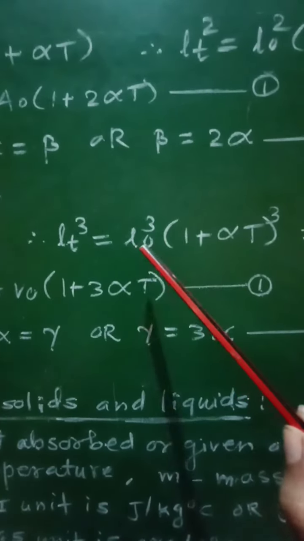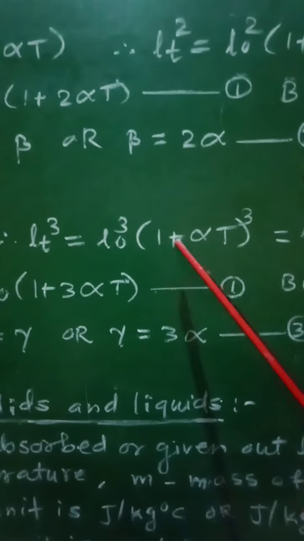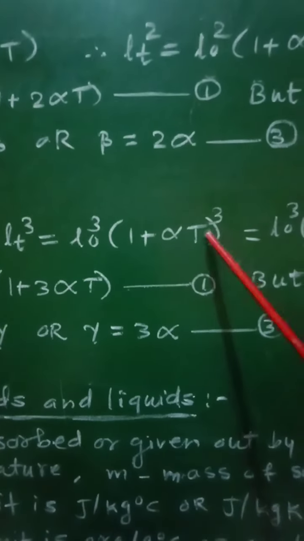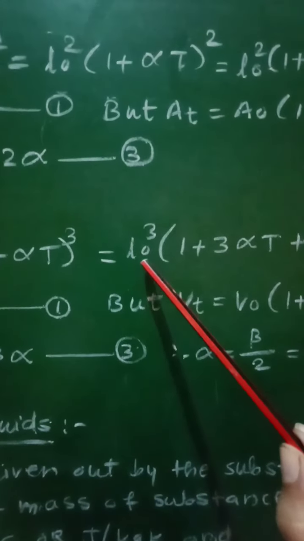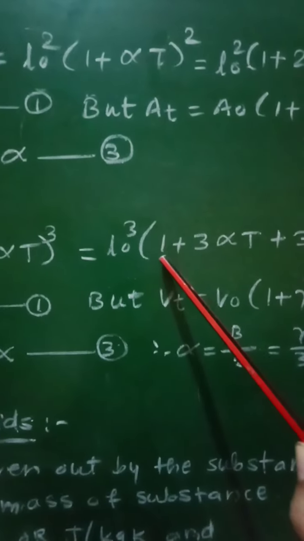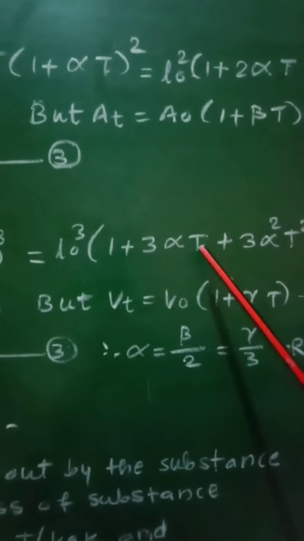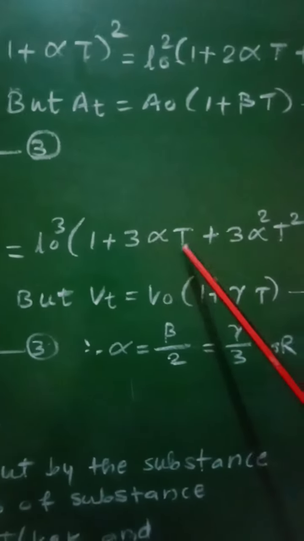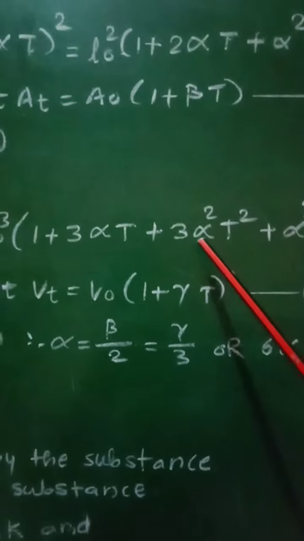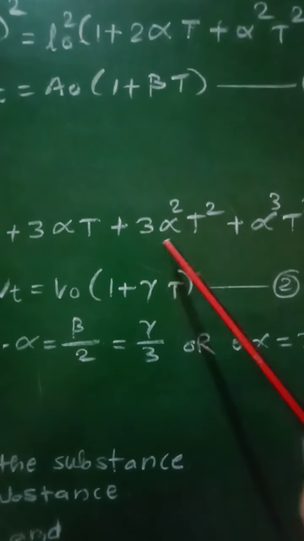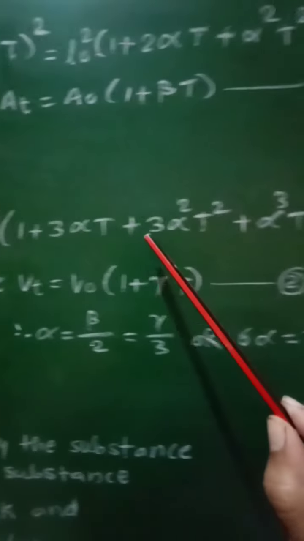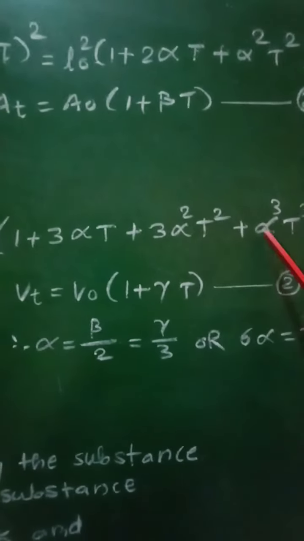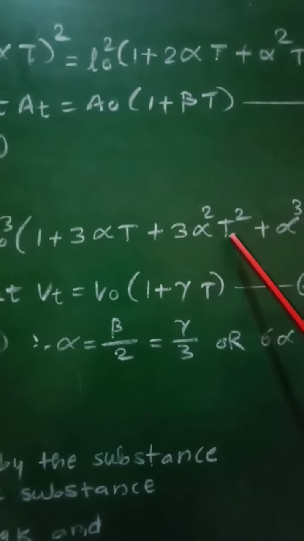Expanding this, LT cube will be equal to L0 cube into 1 plus 3 alpha T plus 3 alpha square T square plus alpha cube T cube. Here we have expanded this by using the a plus b whole cube formula.